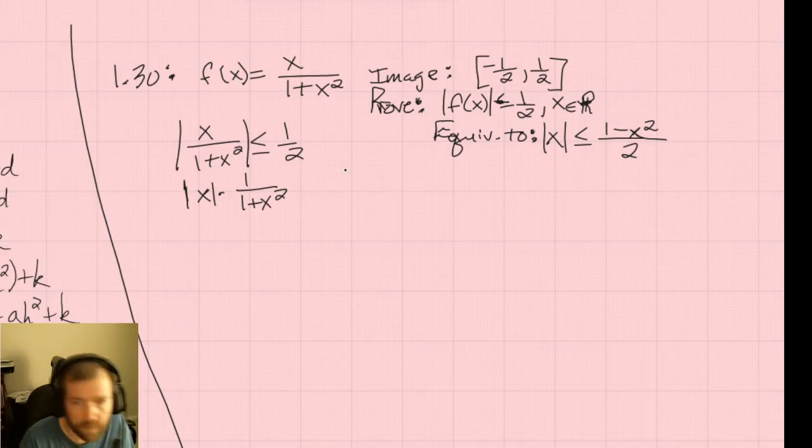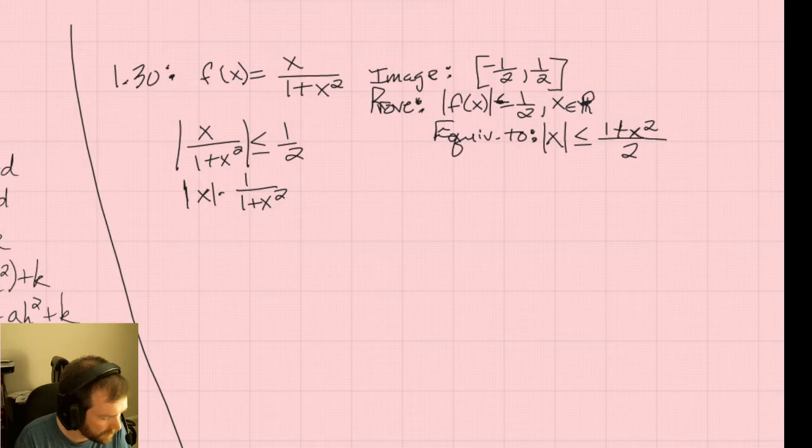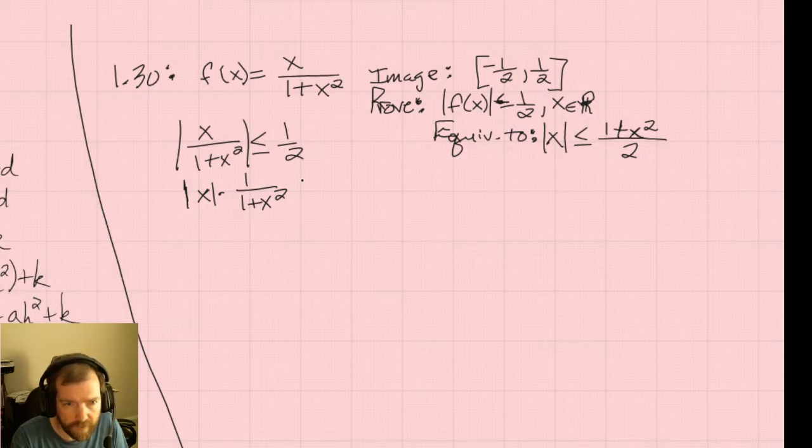Oh, that's 1 plus. I was going to say something's not right there. Perfect. It must be less than or equal to 1/2, and we can multiply both sides by this thing.